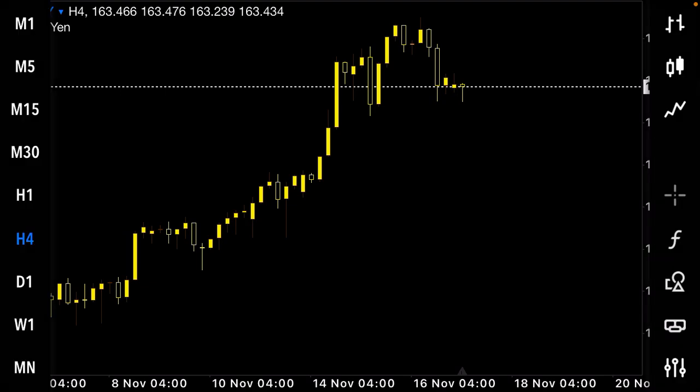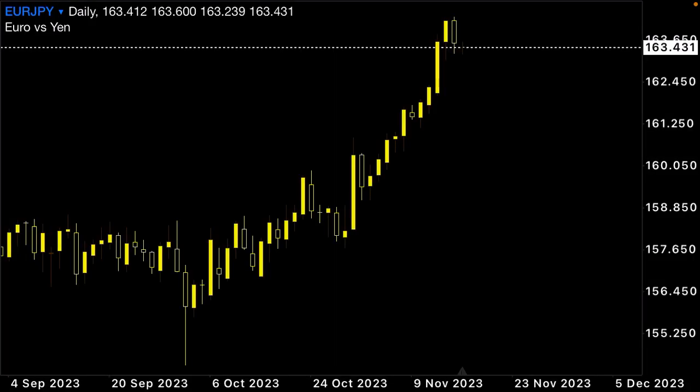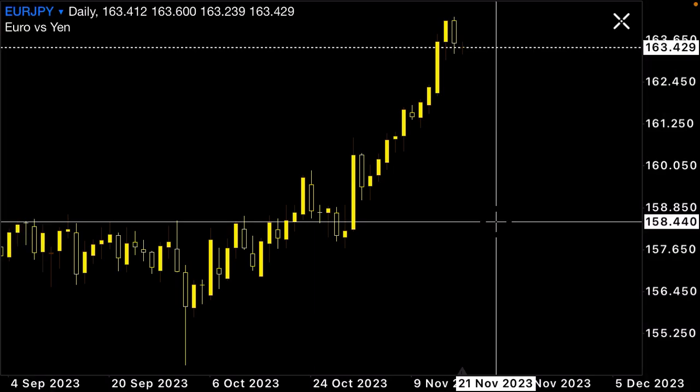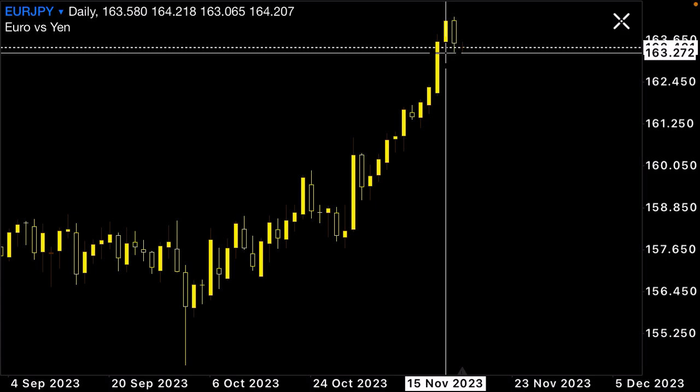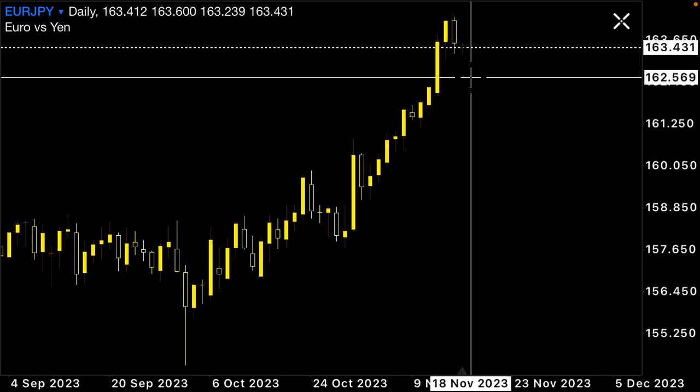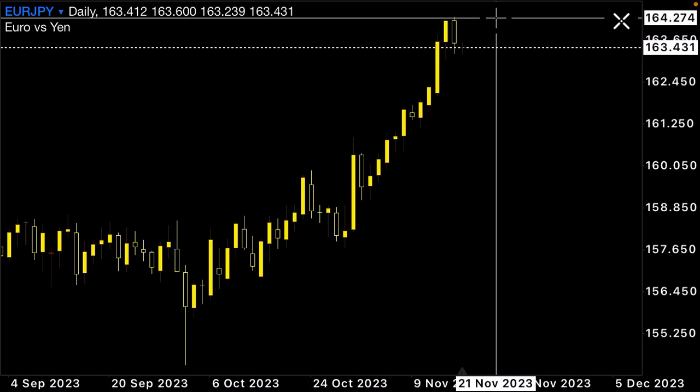Kind of in a way it's at a double top. Let's go to the daily. The daily's just all the way up to the top, all single. So usually, in order to trade, it would go to the top and it starts coming down, and it'll come down a little bit, and then it will go back up and form a double top.